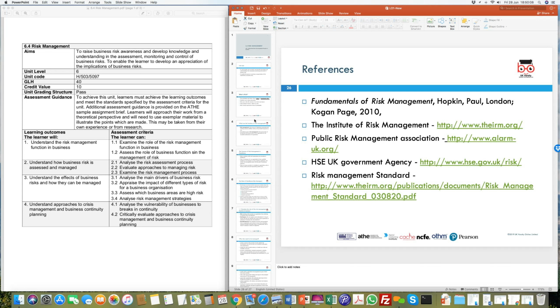And then towards the end, we look at the different types of risks which are prevalent within a business or an organization, and how sometimes you have to categorize them into different types, and then look at a plan to be able to go and address them.